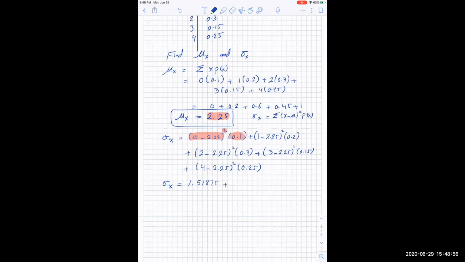Next value, 3 minus 2.25 squared times 0.15 gives 0.084375.